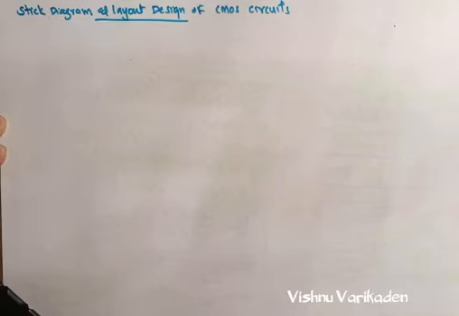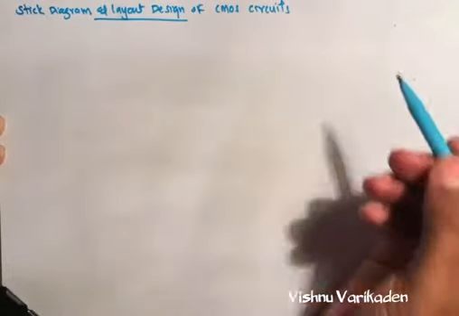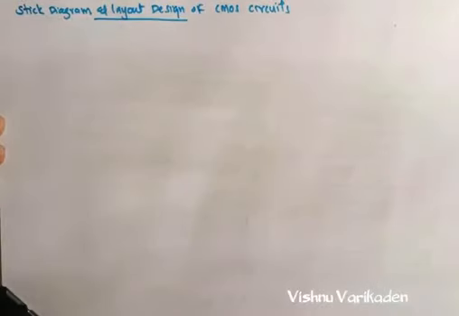So the stick diagram is a pictorial representation of CMOS circuits. The circuit is distinguished in a stick diagram based on different colors.